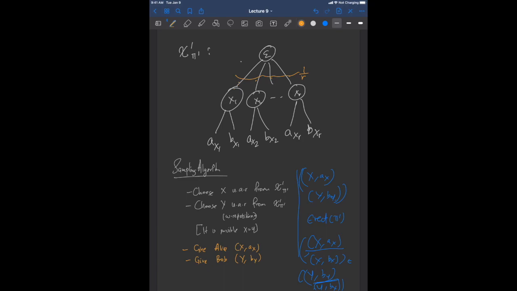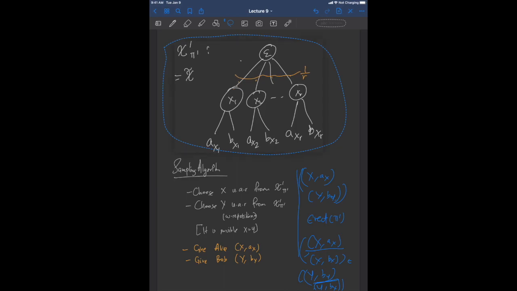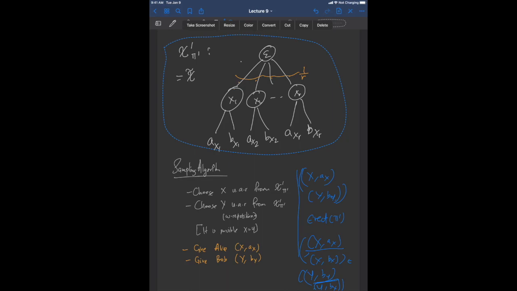I used X dash to denote something at the beginning of the protocol, so this is getting ugly. Let me call this X tilde. Before running this sampling algorithm, I would reduce the set of inputs at the second stage to be even smaller.